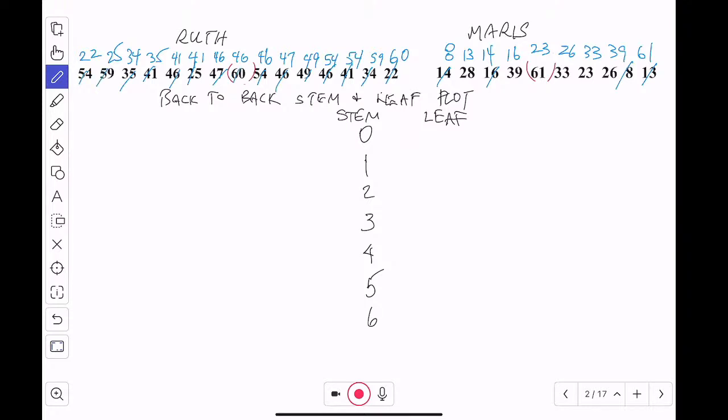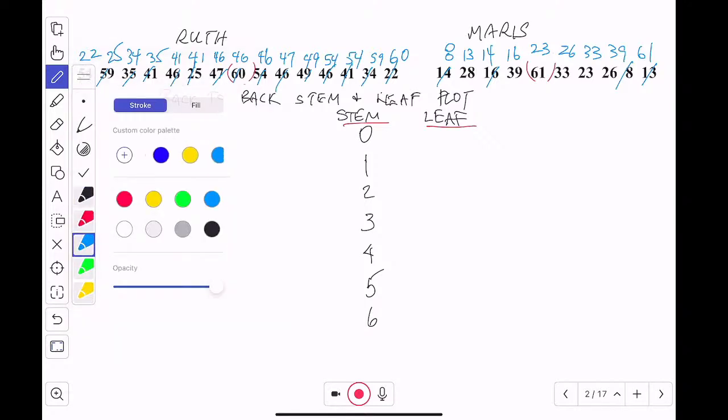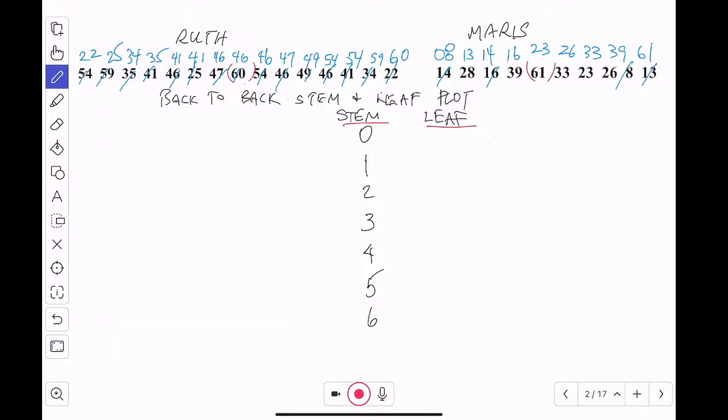Now we're going to put Maris's data down first. So for Maris, the first one is 08. Put a digit in front. We have to use 2 digits because most of the numbers are 2 digits.